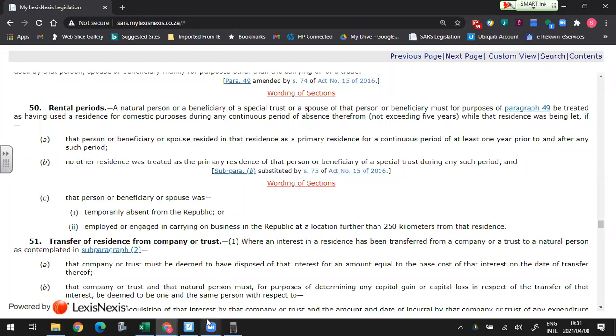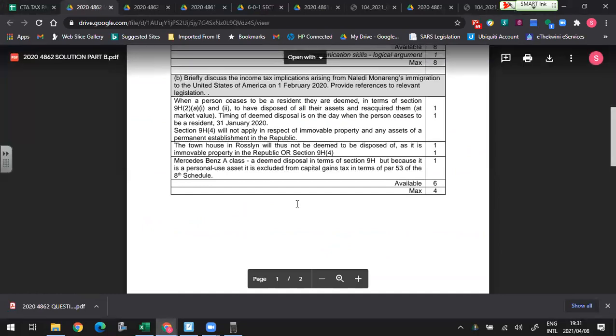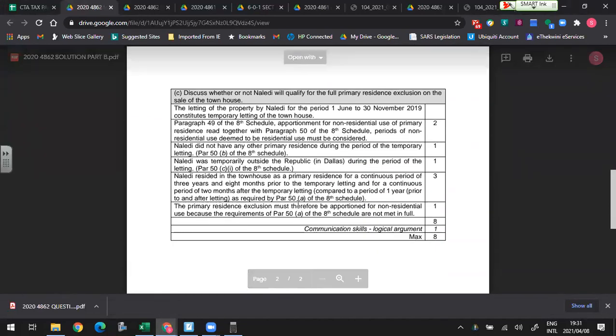Okay, so let's have a look at what they did in their solution. Just have a read through. Just guys, as you're reading through this, this is bloody difficult.